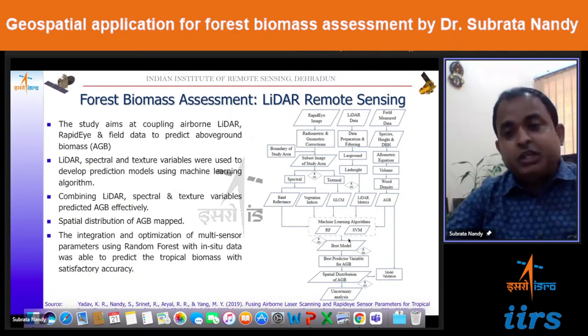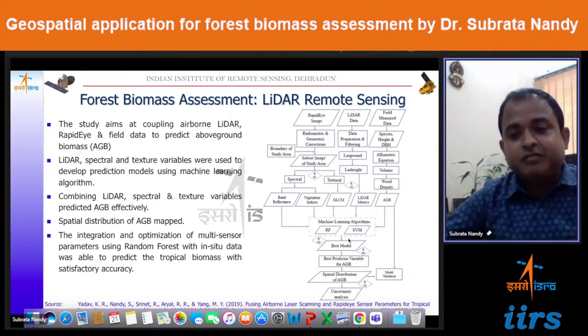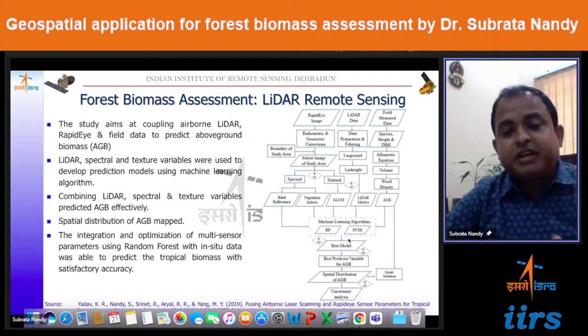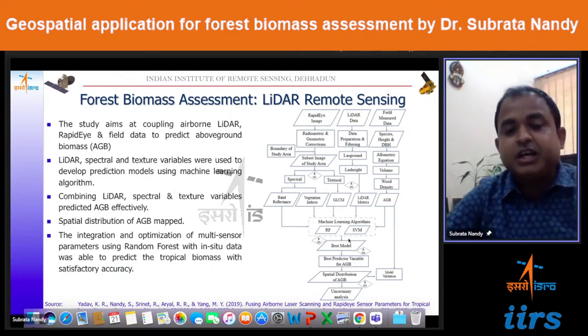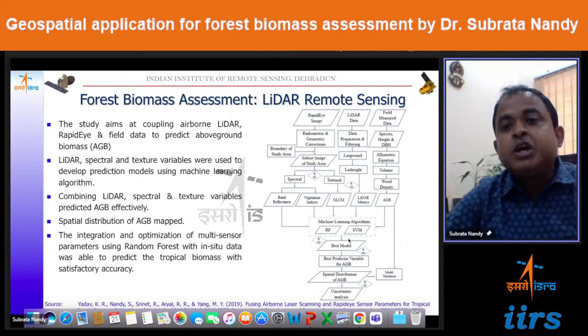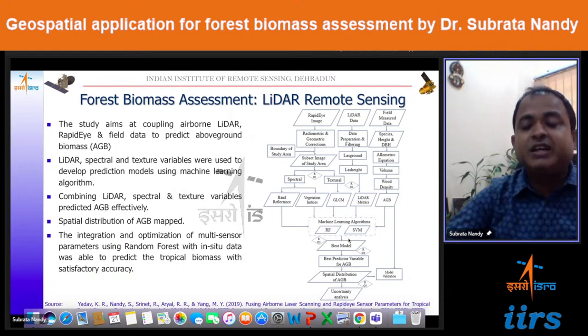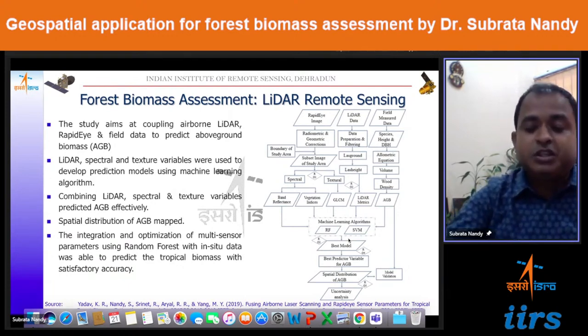In addition to optical data, we have used lidar data to get that structure information, and we examined whether using only optical data or a combination of lidar and optical data gives better accuracy. What we found is that when we integrate lidar with optical data, the accuracy of biomass estimation is higher.